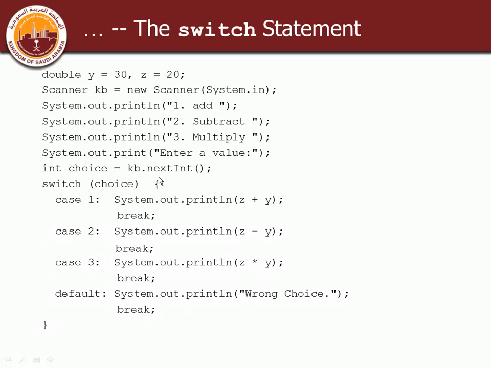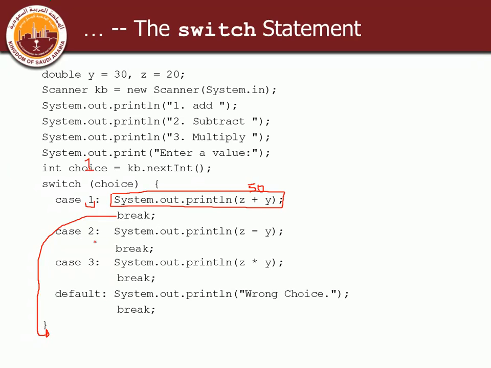If the user types 1, imagine that I typed 1 and pressed enter. Now choice is 1. And I say case 1, this is the value. Is this choice equal to 1? Yes. I'm going to execute this, which means 30 plus 20, that's 50. I'm going to display on the screen 50. And after that, break. This break means don't continue, get out.